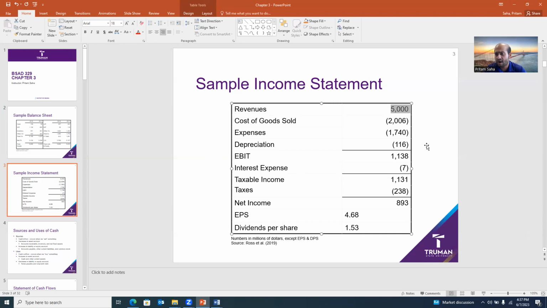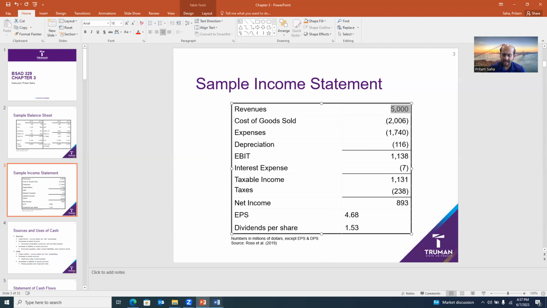So there are basically two ways we can calculate some new tools so that we can compare this company with another company, or this company across different times, so that we can at least decide whether this company is doing well or not.